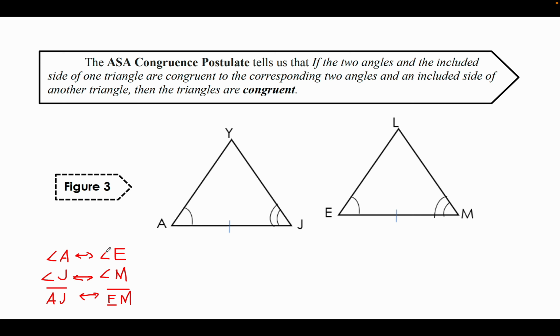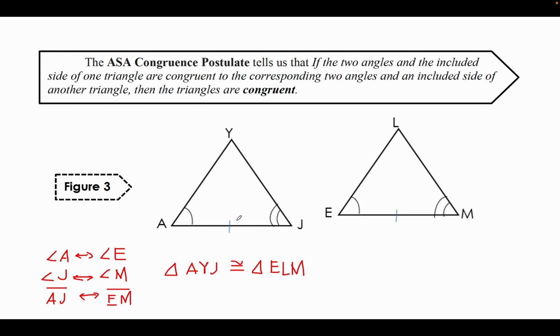Since two angles and their included side correspond to another two angles and included side of another triangle, we can now say that triangle AYJ is congruent to triangle ELM. Okay?